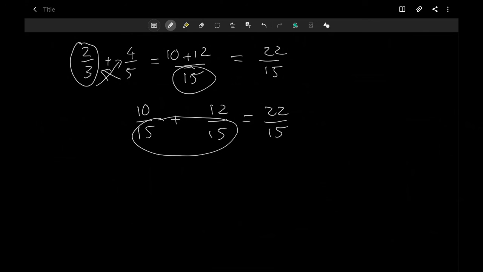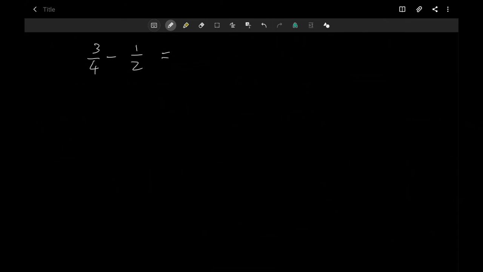So let's practice one with a negative and see how we go. If we had 3/4 and we wanted to subtract 1/2, what do we do? That's right. The first step is to get the common denominator. In this case, it would be 4 times 2, which is 8.